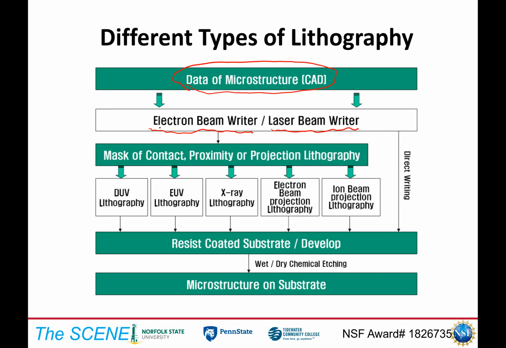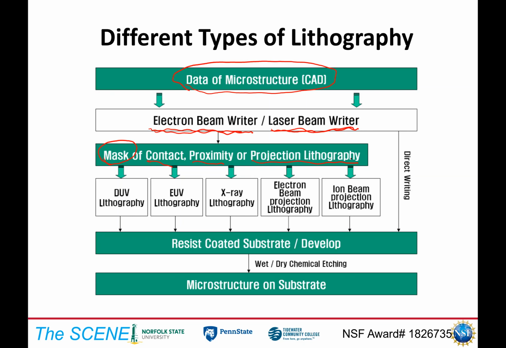Using this e-beam writer and laser beam writer, the mask can be made. You learned what a mask is, actually a metallic pattern on a glass, right? So those masks can be used for contact, proximity, and then projection lithography.